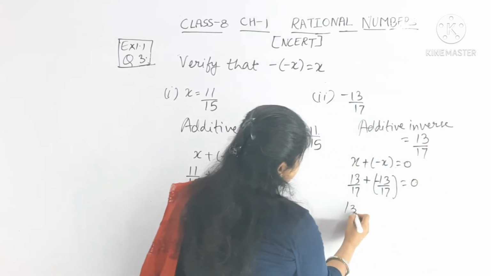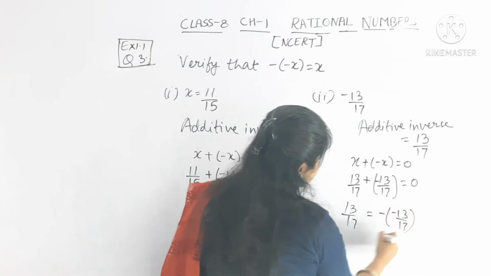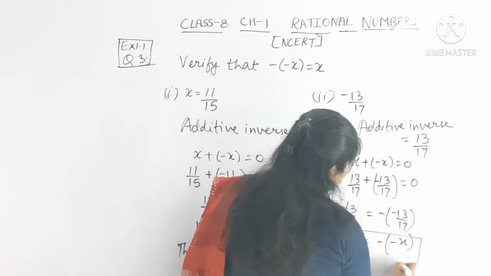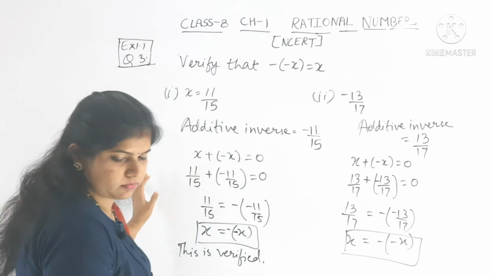So 13 by 17 is equal to minus of minus 13 by 17, that is x equals minus of minus x. So this is also verified. So this is the solution.